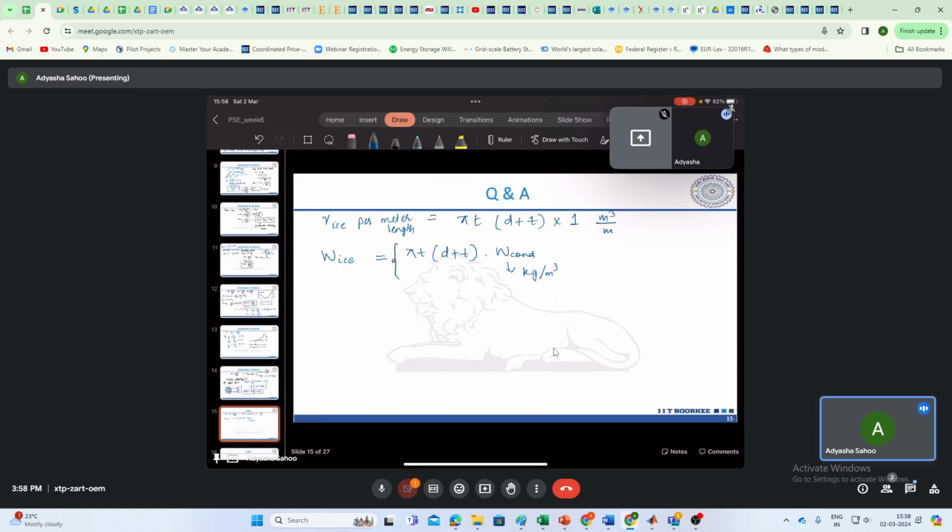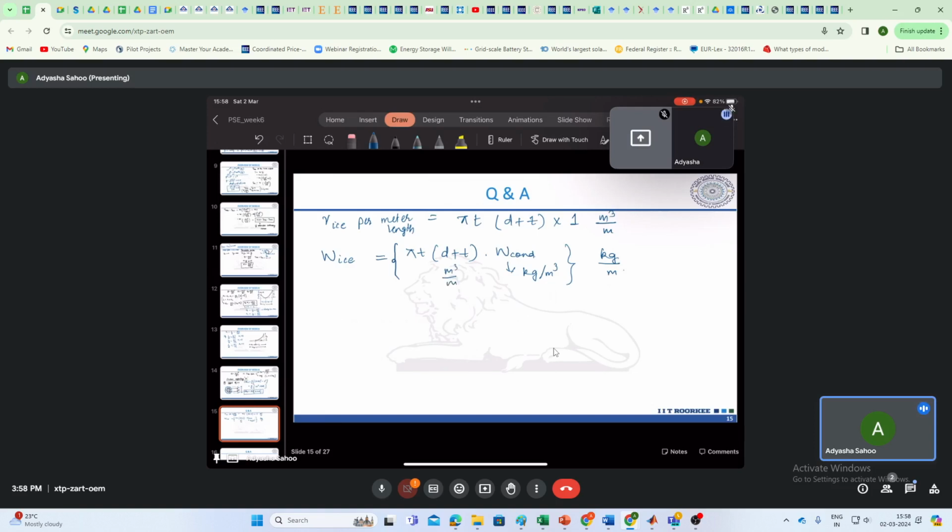This was in meter cube per meter, so meter cube will cancel out and we'll get kg per meter.